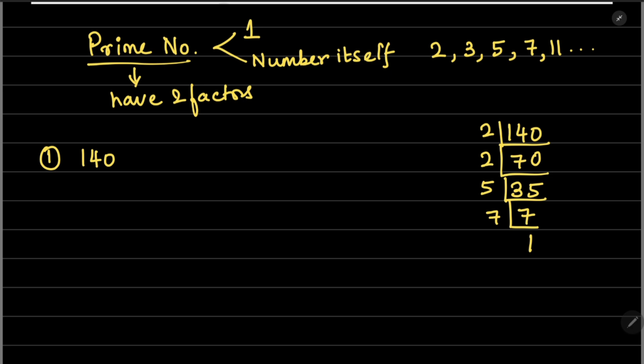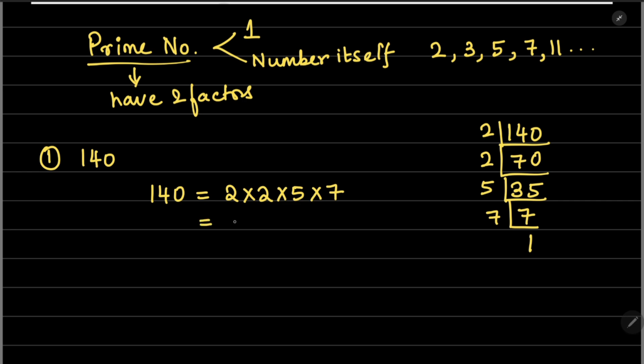So there is a theorem called the fundamental theorem of arithmetic, which means that every composite number can be expressed as a product of prime numbers, and that is unique for every number. So I can write 140 is equal to 2 multiplied by 2 multiplied by 5 multiplied by 7.